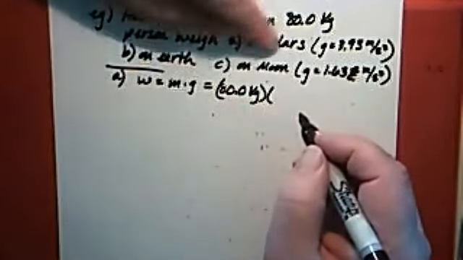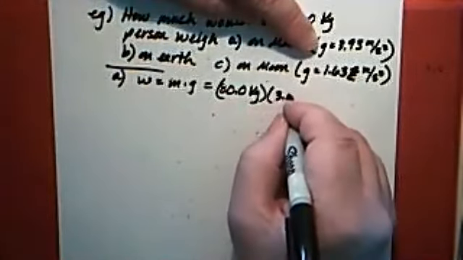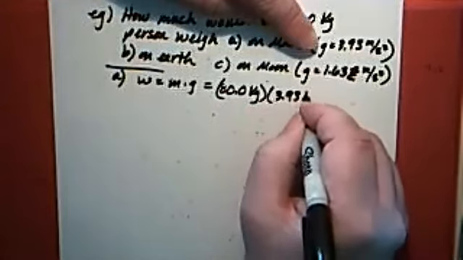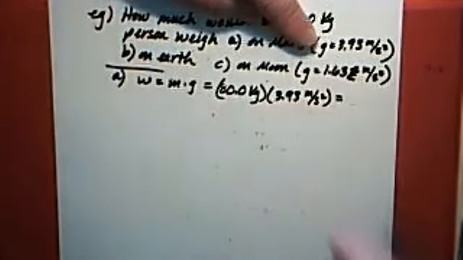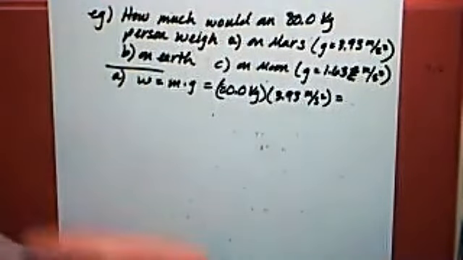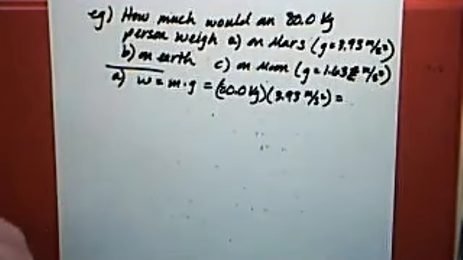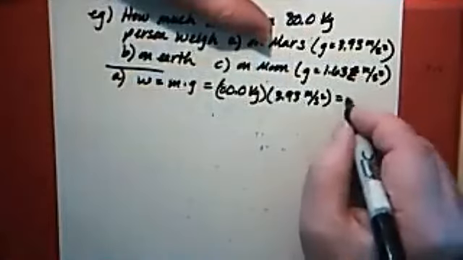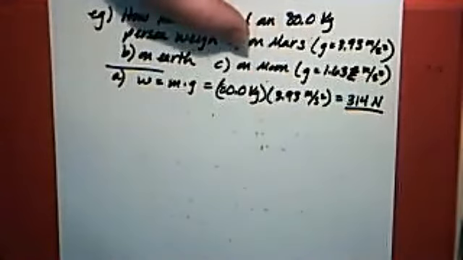And we need acceleration due to gravity, which on Mars is 3.93 meters per second squared. And if we do that, we get 314.4 newtons. But we need three significant figures, so I'm going to call that 314 newtons.